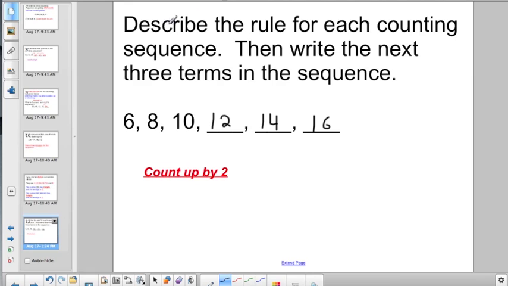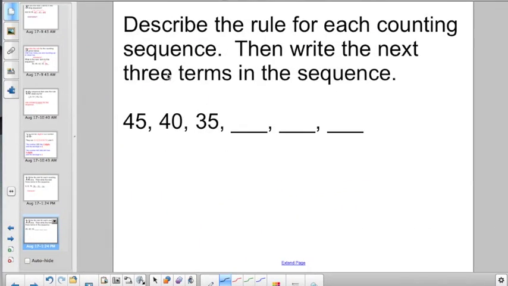Okay, the trickiest part about this, because not every day are they going to be asking for the same thing. Maybe they'll ask for the next 4 terms. Maybe they'll only ask for 1 term. Make sure you read your directions every time. So let's try this again.